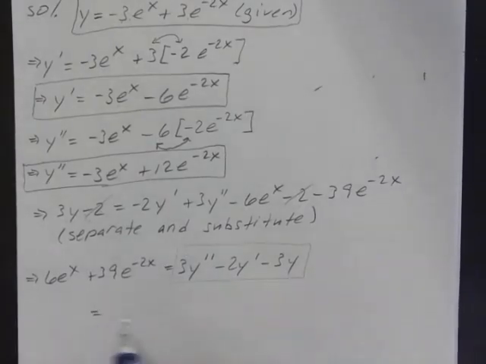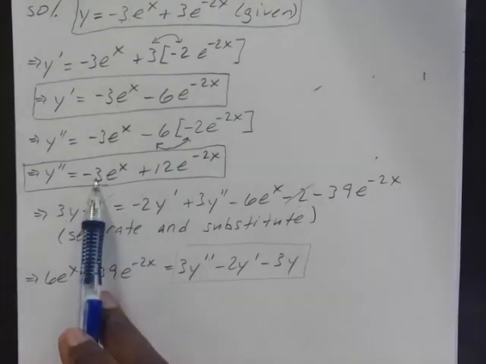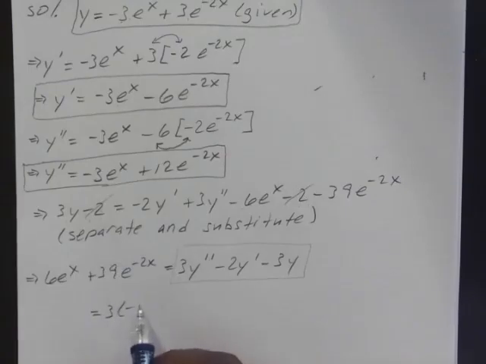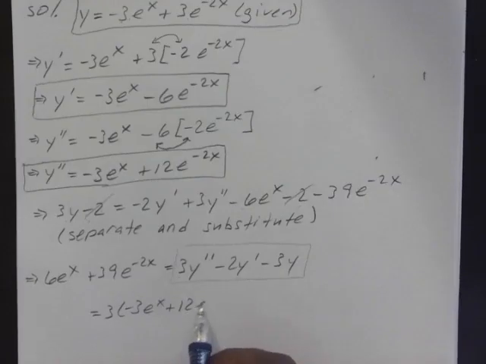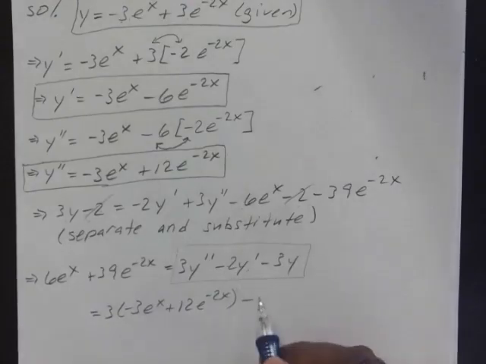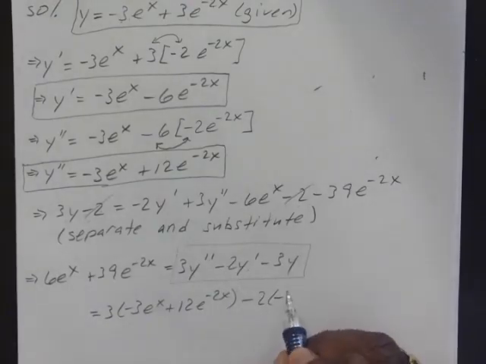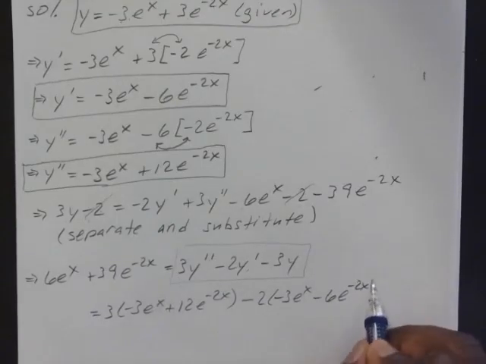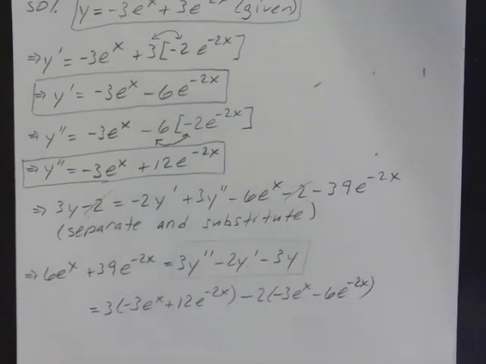So we want to know if we replace the 3y double prime with 3 times negative 3 e to the power of x plus 12 times e to the power of negative 2x minus 2 times y prime, so 2 times negative 3 e to the power of x minus 6 times e to the power of negative 2x, and still ran out of room.